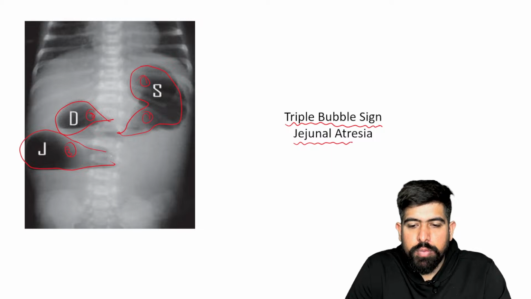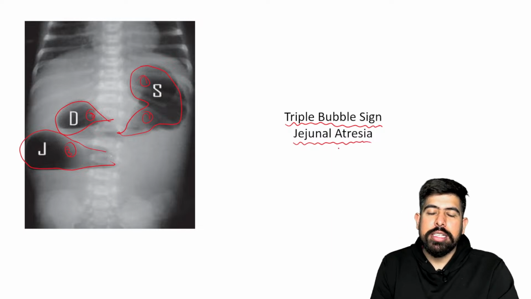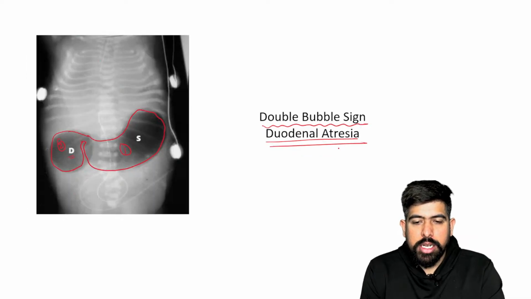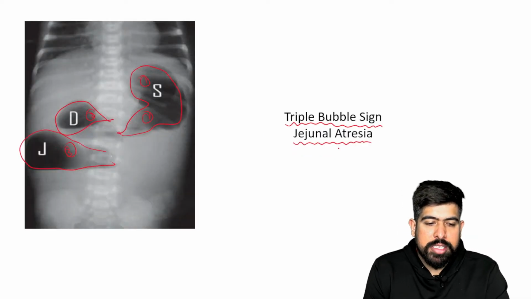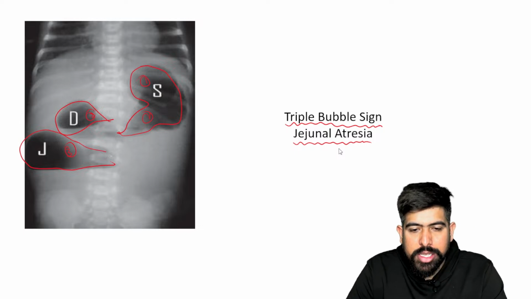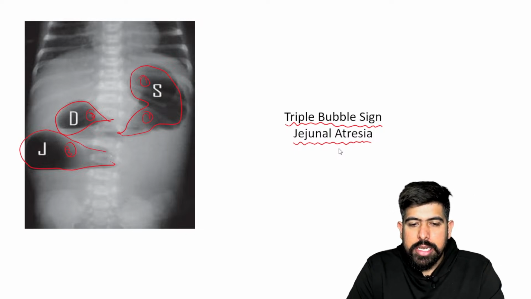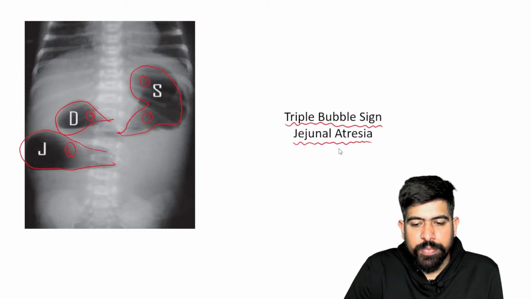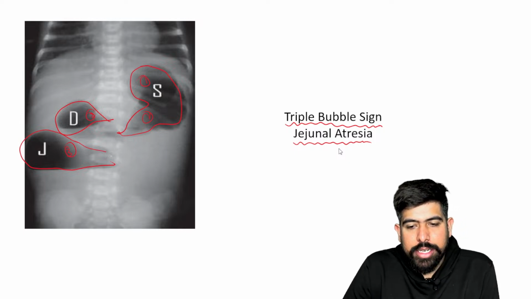When the jejunum has atresia, the triple bubble sign is seen. So remember all three: single bubble, double bubble, and triple bubble sign. Is it clear to everyone about all three images of the GIT atresias?